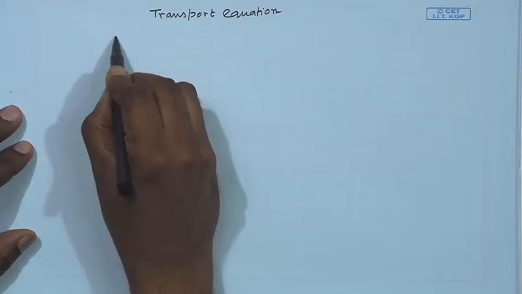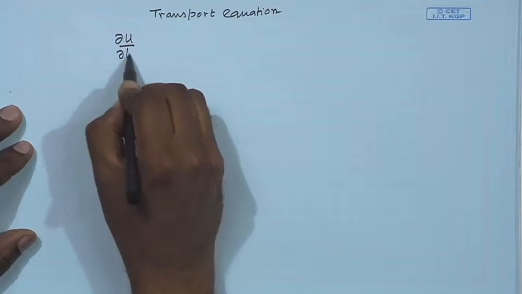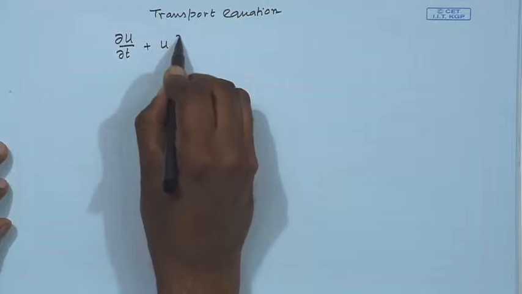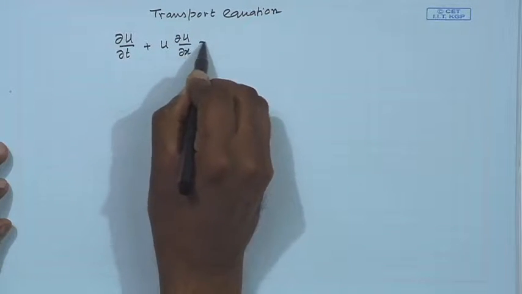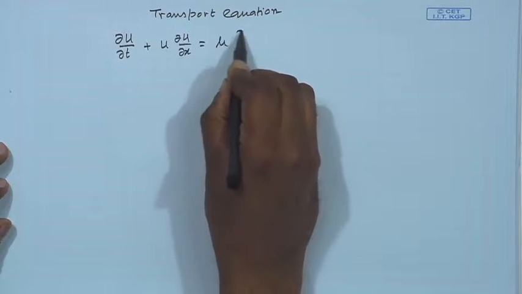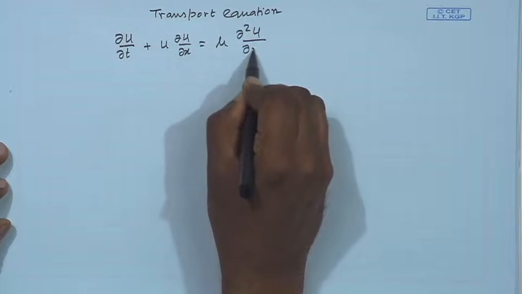Now, when you have an advection diffusion equation, that means an equation like this, this is the general transport equation, because already we have seen that transport equations are governed by both advection and diffusion. So, an equation like this, del u del t plus u del u del x equal to, say, mu del 2 u del x 2.